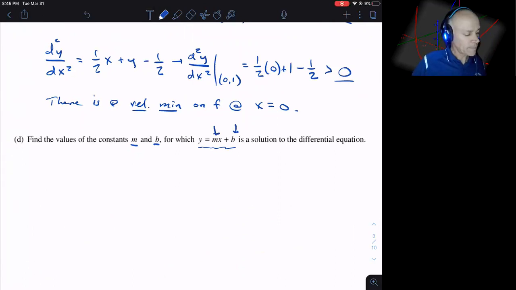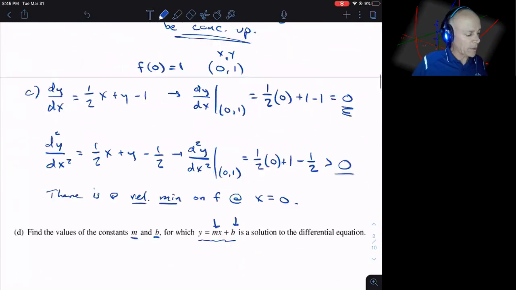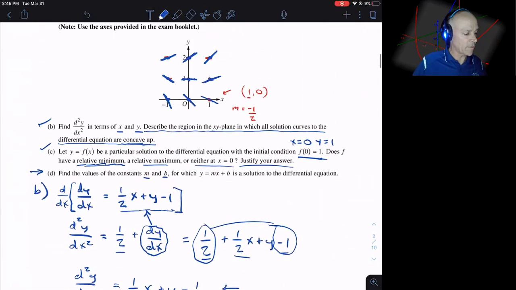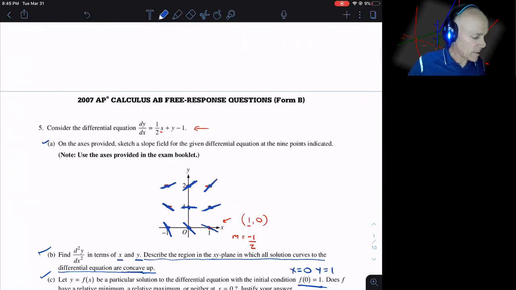Well, the issue is I'm not given an initial condition that I could plug in. Also, this differential equation doesn't look like it's going to separate nicely into the y and dy and the x and dx. So I'm up against a rock and a hard place going down that road.